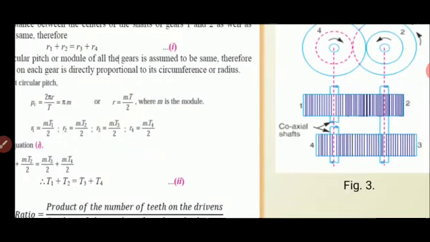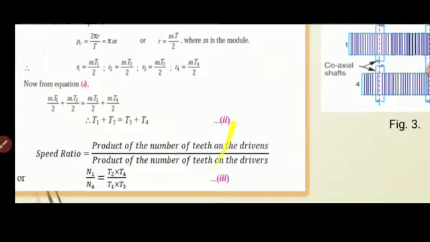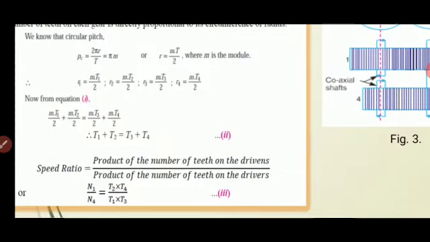So let us find the speed ratio. If you are required to find the speed ratio, that is N1 by N4: first gear 1 and gear 2 are meshing, and next gear 3 and gear 4 are meshing. So N1 by N2 multiplied by N3 by N4 is equal to T2 by T1 multiplied by T4 by T3.